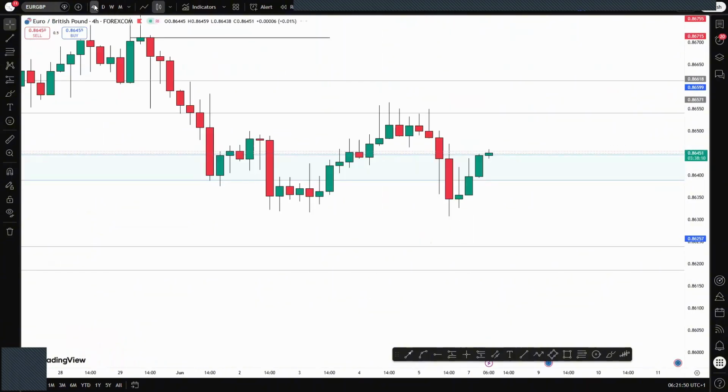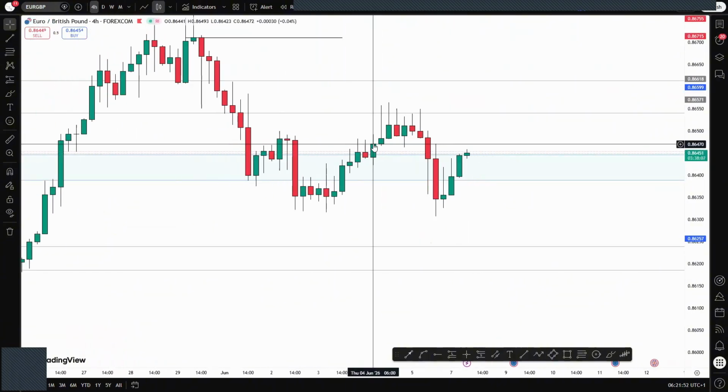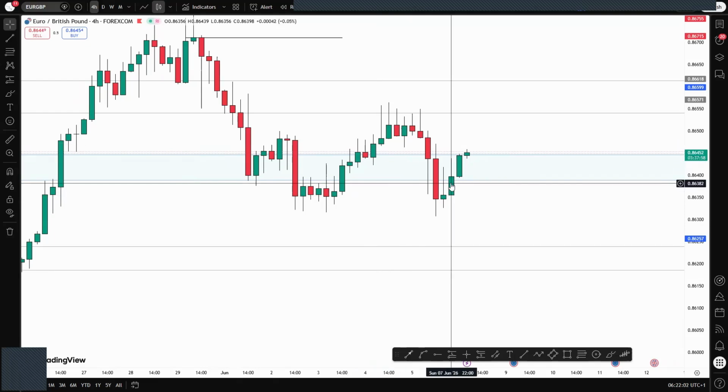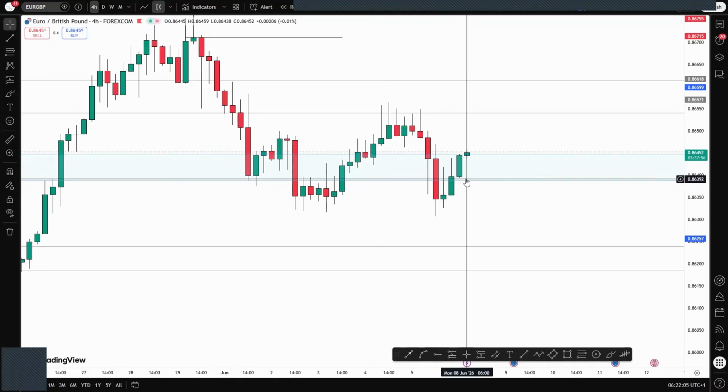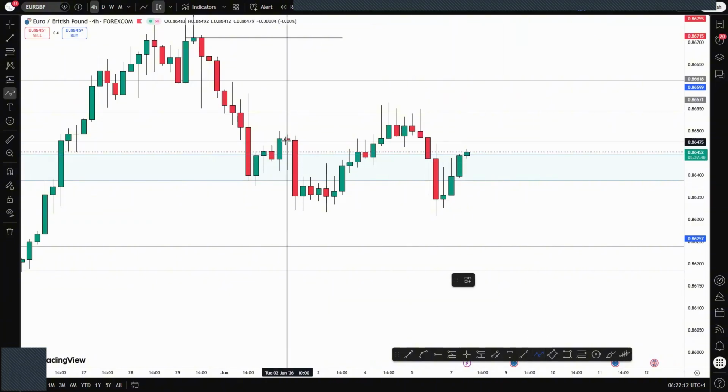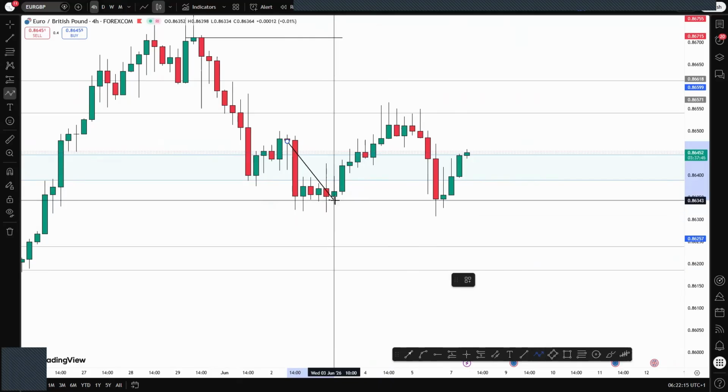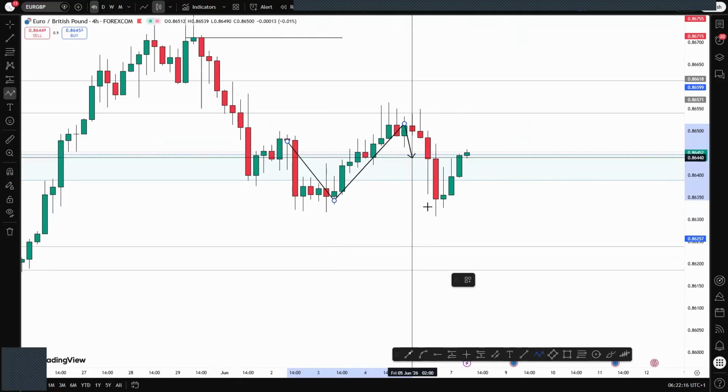The question is, how are we going to sell this? And we have no OG level in this case. Yes, this is our OG level, but at which point can we sell on the 4 hour time frame? So this is the higher high. This is the higher low.